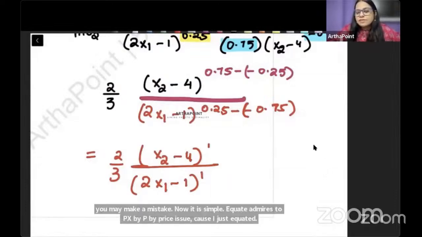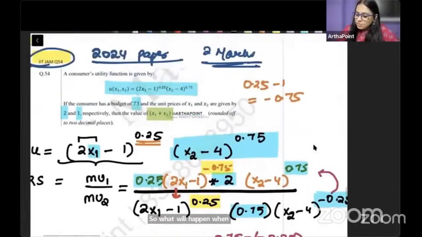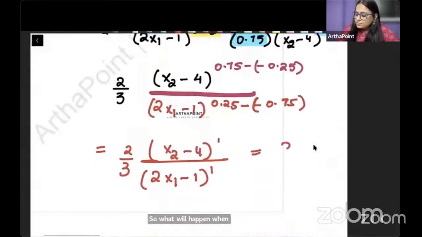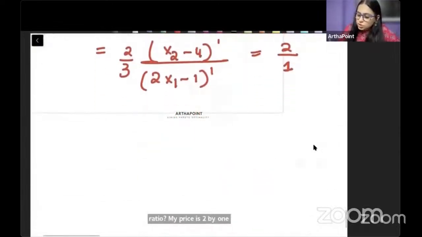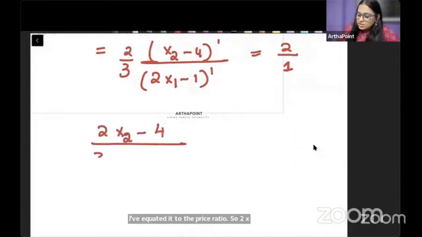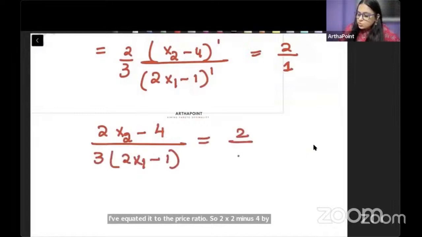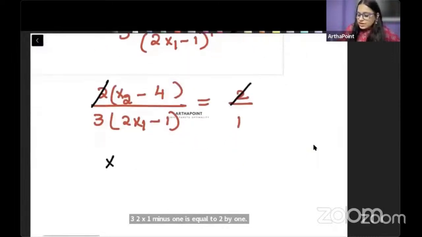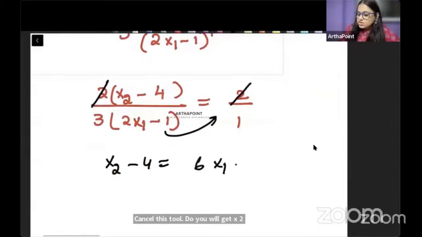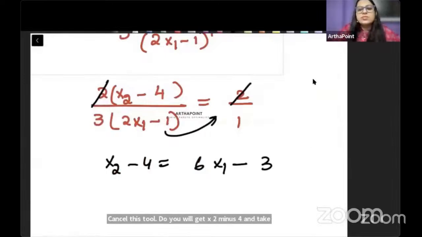So what will happen when we equate it to the price ratio? My price ratio is 2 by 1. So 2x2 minus 4 by 3, 2x1 minus 1 is equal to 2 by 1. Cancel this 2. So you will get x2 minus 4 is equal to 6x1 minus 3.